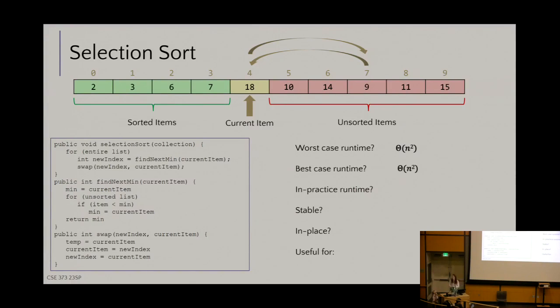I agree. It still has to check every single value. So selection sort, no matter what, has to look through everything in the unsorted list in every evolution to know that it has found the next appropriate item to place in that position. So we get an in practice runtime of n squared.